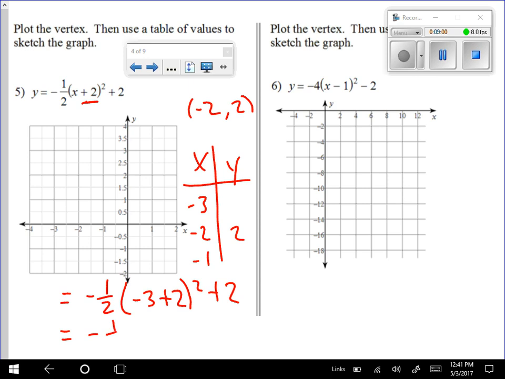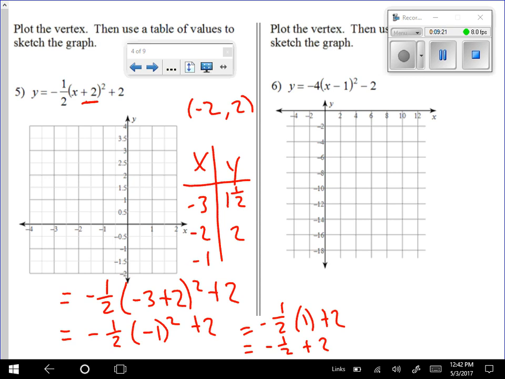It's a joke for all of you out there. So negative 3 plus 2 is negative 1 plus 2. Negative 1/2 times 1 plus 2 would give you negative 1/2 plus 2, which would give you positive 1 1/2, or another way to think of that is 3/2.